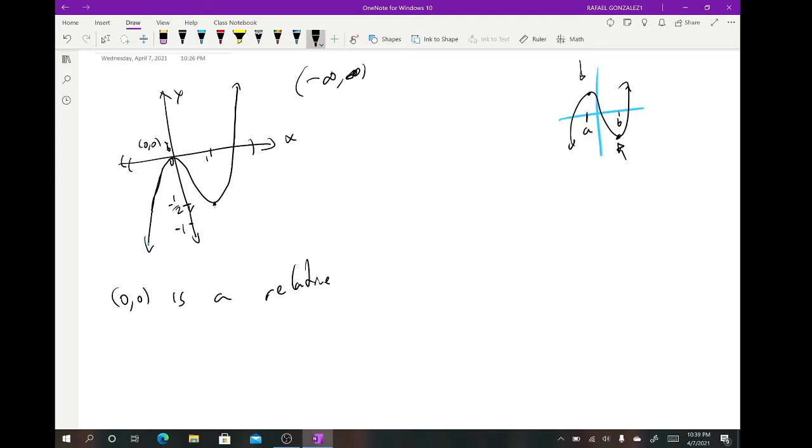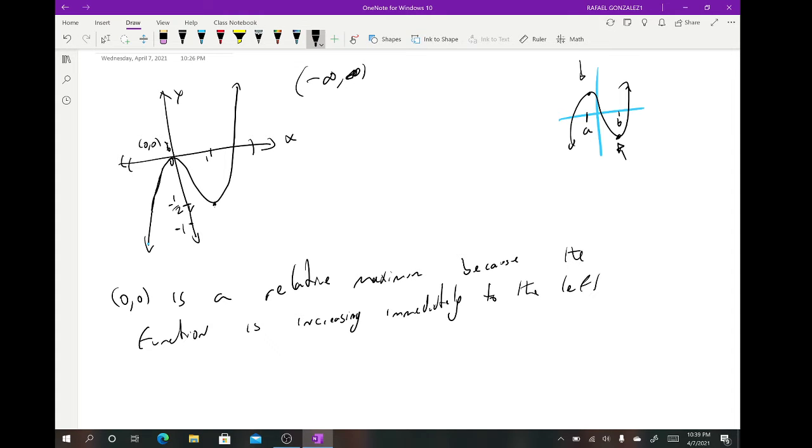This is really the reason why it's a relative maximum, because the function is increasing immediately to the left of 0, 0 and decreasing immediately to the right of the point 0, 0.